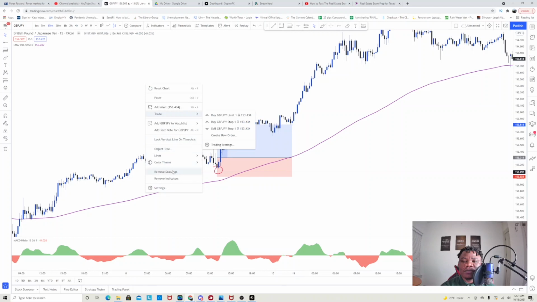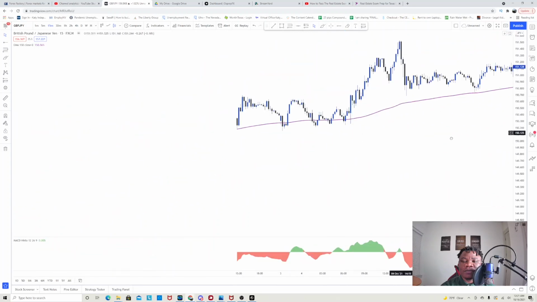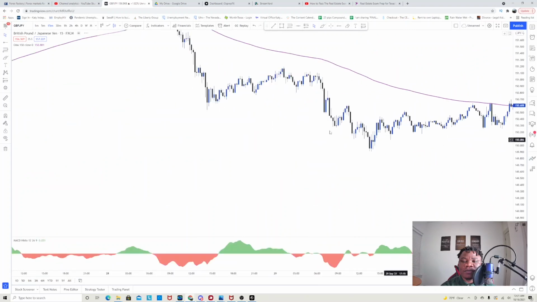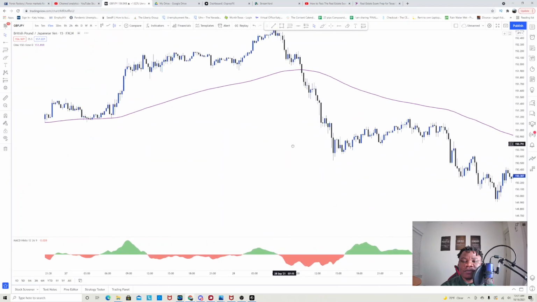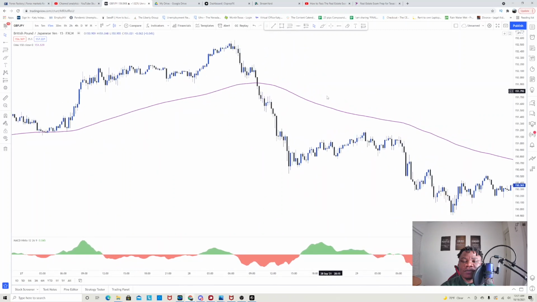Now let's look for a sell position. When it comes to taking sell positions, we need price to be below the 150 EMA. That's what we need. Once we have price below the 150 EMA, we also need the MACD histogram to be red.